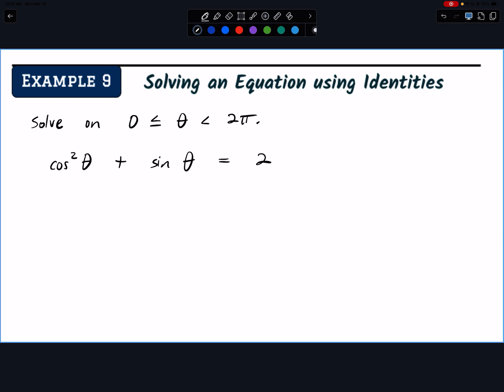We know that sine squared plus cosine squared equals 1. Which means that what could I change this to then? 1 minus sine squared. Same idea. This right here is the same thing as 1 minus sine squared theta plus sine of theta is equal to 2.